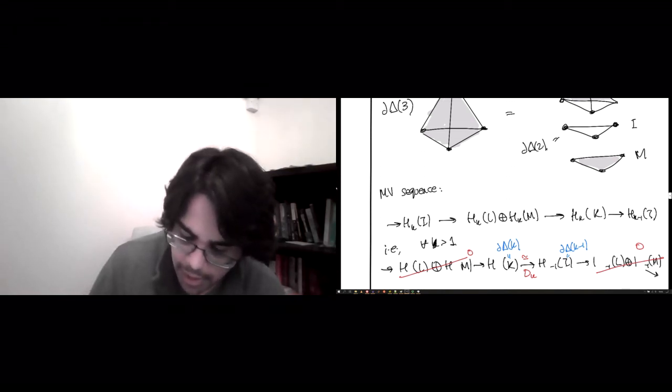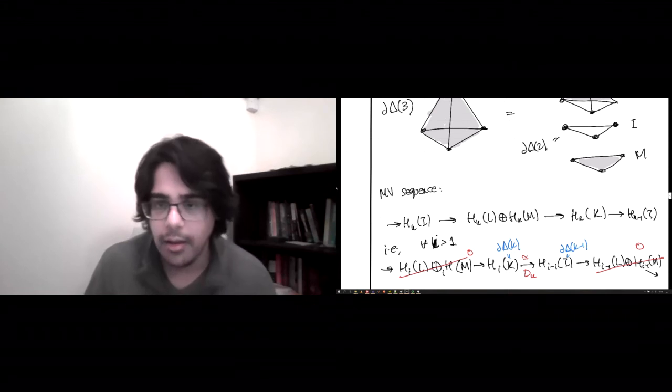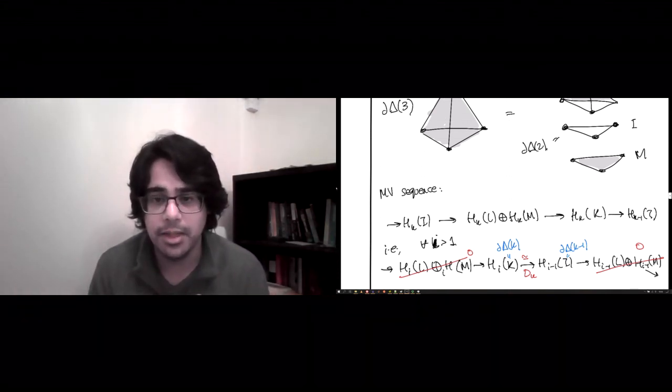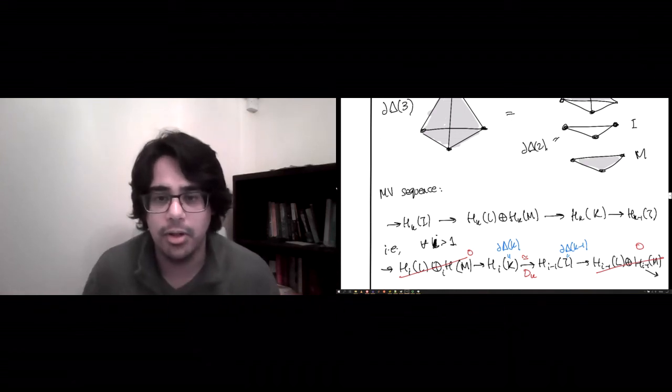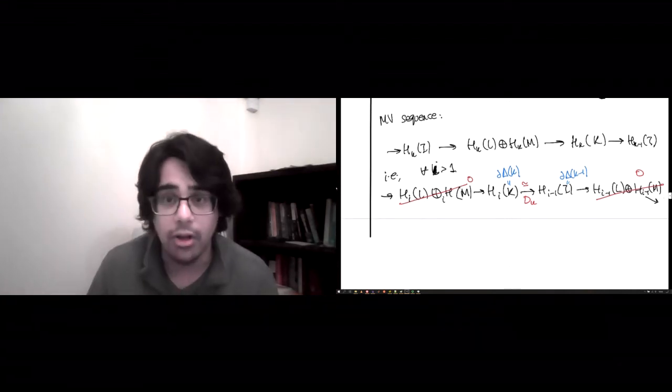So for all i bigger than 1, everything is i. And okay, so the sandwich between 0 and 0, by exactness, the map in the middle has to be an isomorphism. And so if you know the homology of the hollow (k-1) simplex, then you automatically inherit the higher homology groups of the hollow k simplex.